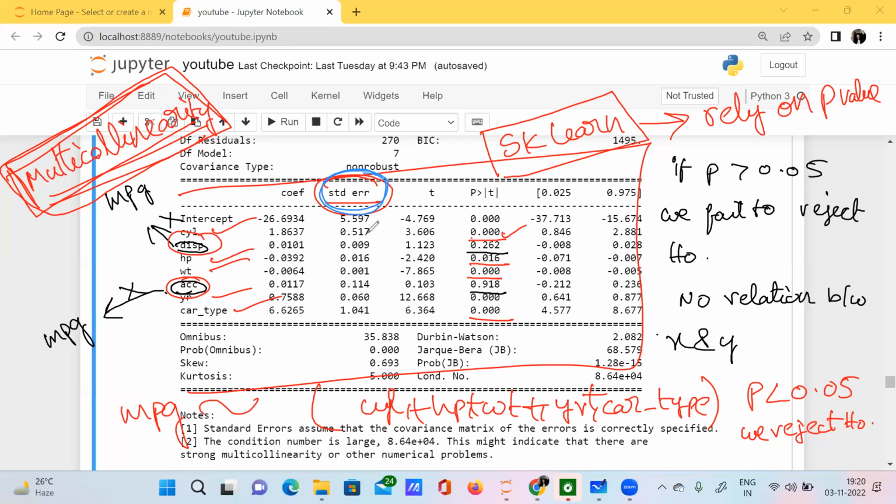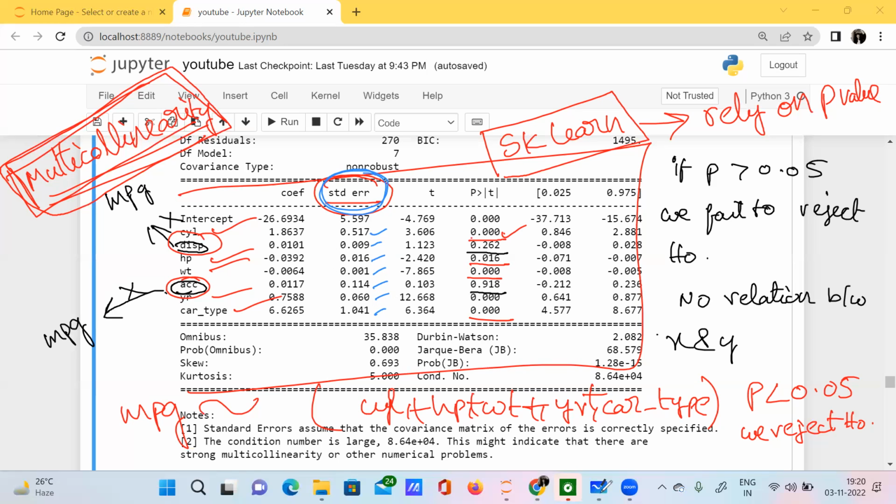See, cylinder is having 0.5, displacement is having 0.009, horsepower is having 0.016, weight is having 0.01, acceleration is having 0.1, year is having 0.060, car type is having 1.041. So these are all the standard errors here.